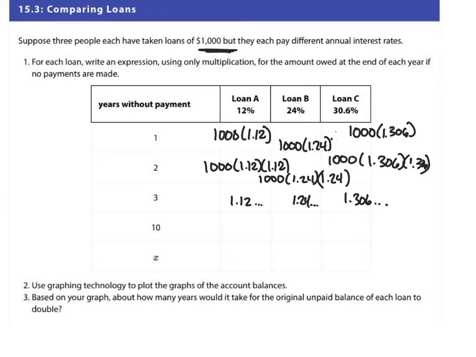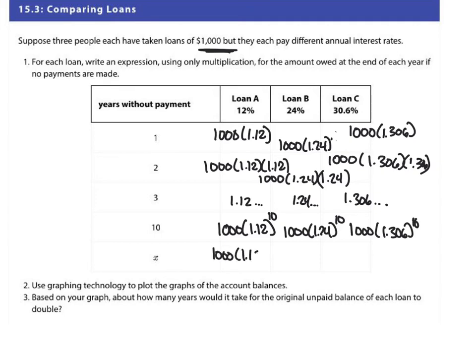Okay, I certainly can't write this 10 times, so I'm using some shorthand now. 1.12 raised to the 10, 1.24 raised to the 10, 1.306 raised to the 10, which means for year x, I'm just going to replace that 10 with an x, and that'll give me any year, right? 1.306 to the x.